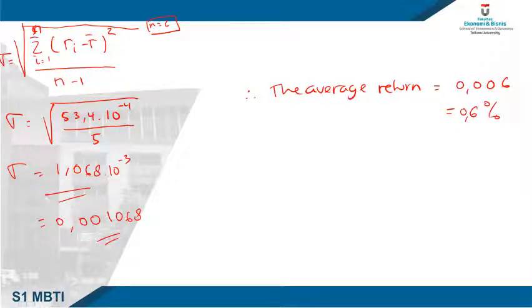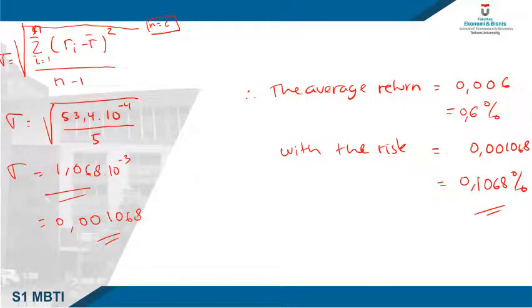With the risk of 0.001068. How much percent will it be? Percent per 100, so 0.1068%.